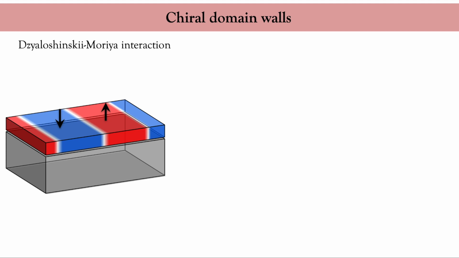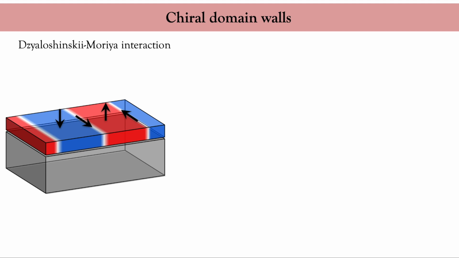Consider this bilayer composed of a ferromagnet deposited on top of a heavy metal. Due to interfacial anisotropy, the magnetization lies perpendicularly to the plane. The domain wall naturally adopts the block configuration to minimize the dipolar energy.